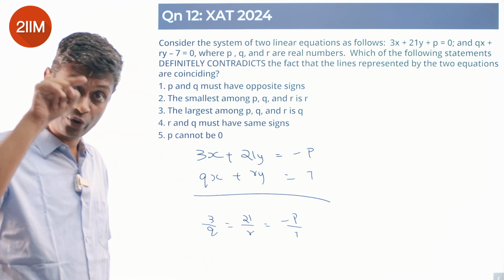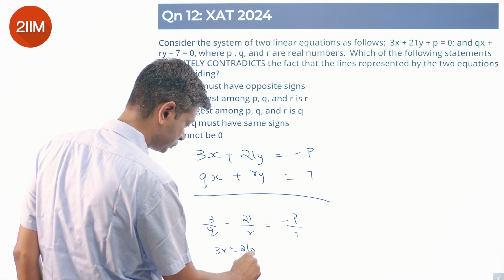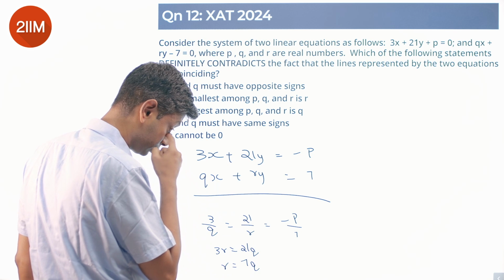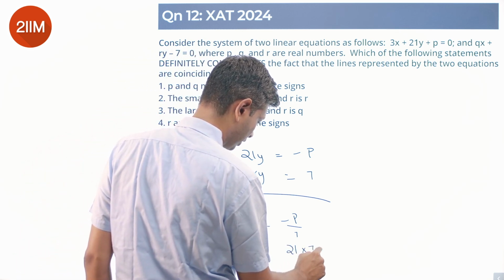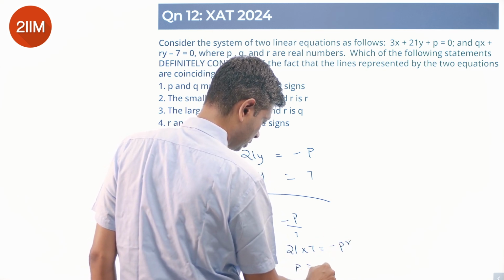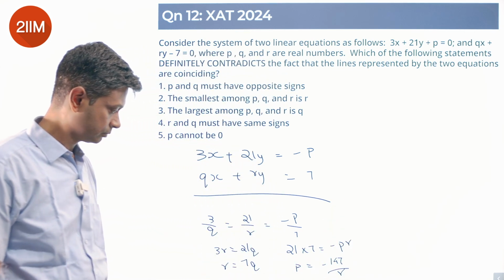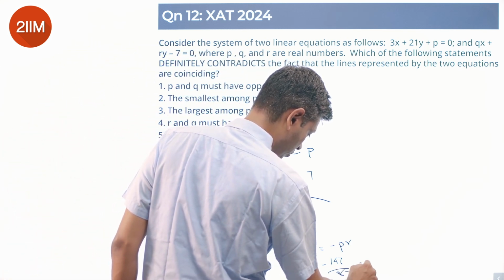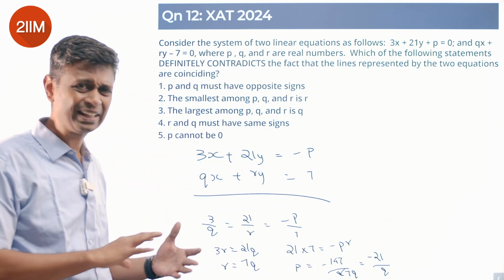So if they were coinciding, then 3r equals 21q or r is 7q. 21 into 7 is minus pr, or p is minus 147 by r. R is 7q, so we can say minus 147 by 7q, minus 21 by q. You've got everything in terms of one thing.